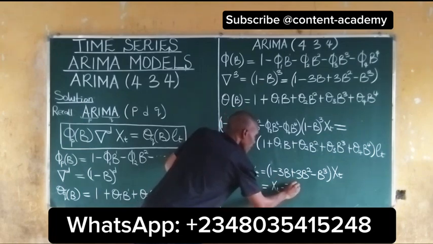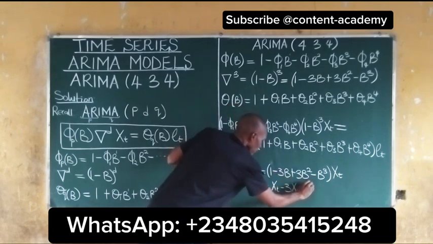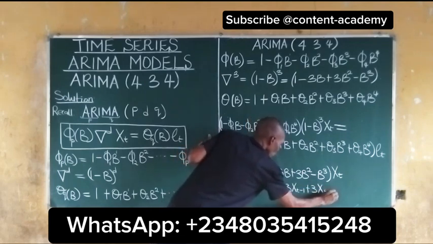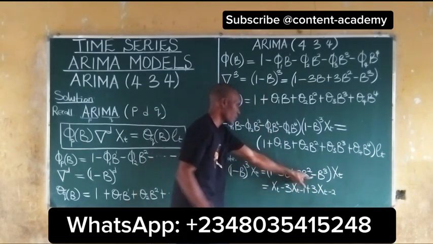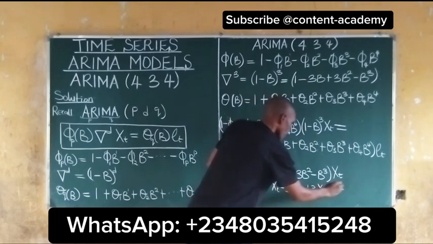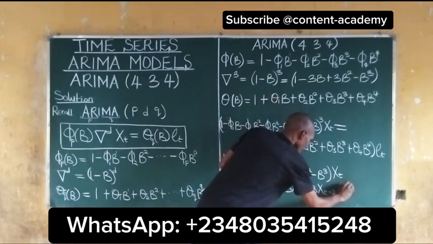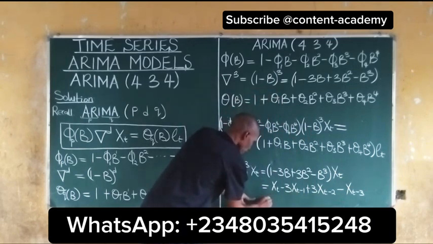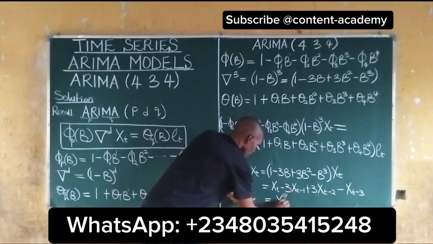minus 3 Xt minus 1, one backward shift, plus 3 Xt minus 2, the second backward shift, minus Xt minus 3. And the whole of this is equal to X 1, 2, 3 t.